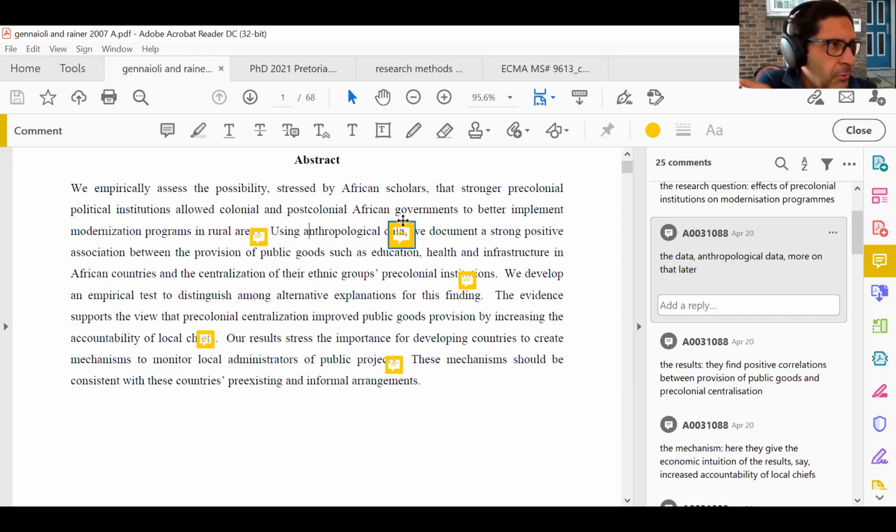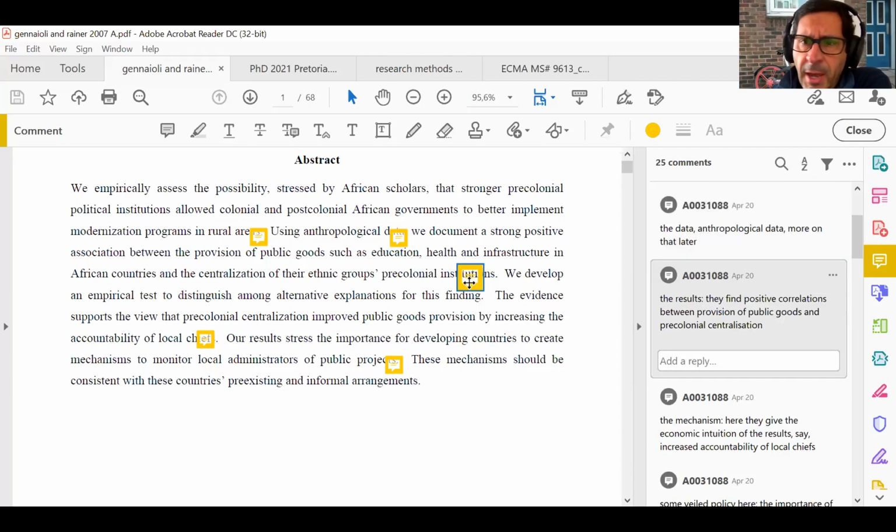Again, it is the role of pre-colonial institutions, of the institutions which were already in place when European colonialism started. And European colonialism is very heterogeneous, right? It started in different places at different points in time in the continent. It's a vast continent. What else I found interesting there?